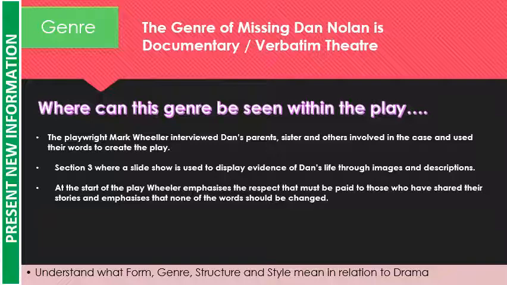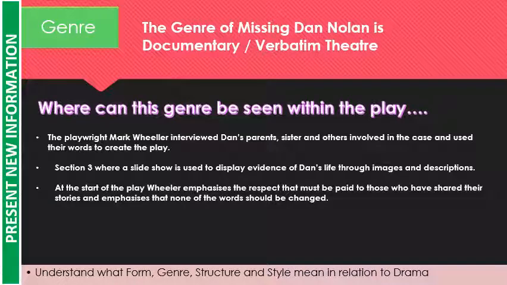So where can this genre be seen within the play? A couple of examples for you. The playwright Mark Wheeler interviewed Dan's parents, sister and others involved in the case and used their words to create the play, therefore showing that it is verbatim theatre. In section 3, where a slideshow is used to display evidence of Dan's life through images and descriptions, that's the documentary theatre.